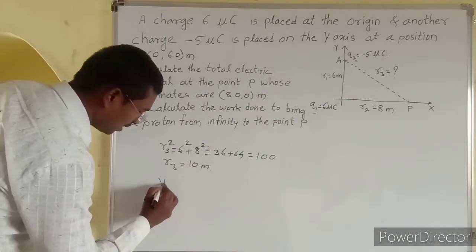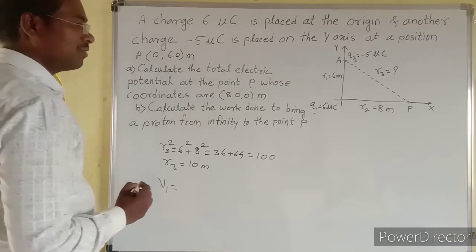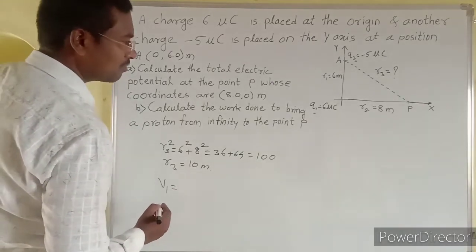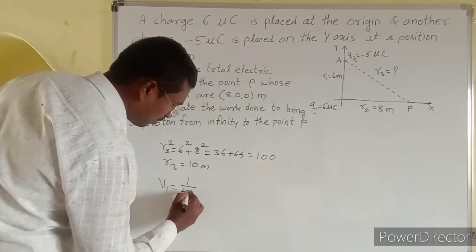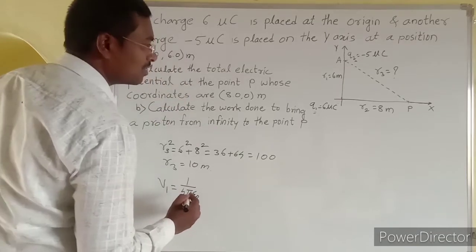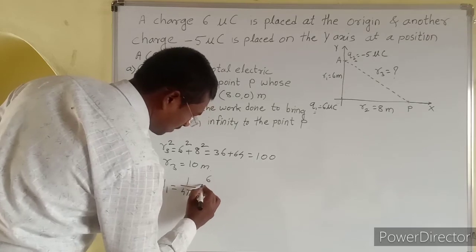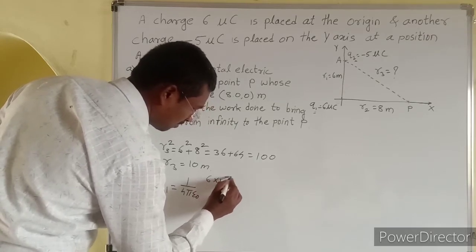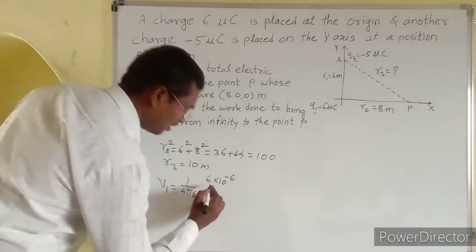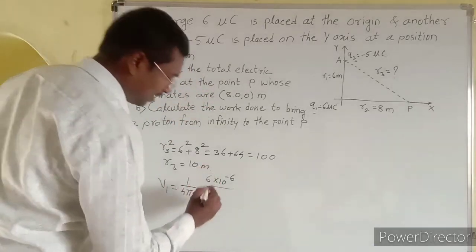Now calculate the electric potential due to these individual charges. So the electric potential due to charge Q1, which is V1, is equal to 1 upon 4 pi epsilon naught, times this charge 6 into 10 raised to minus 6 coulomb, divided by its distance, 8 meter.